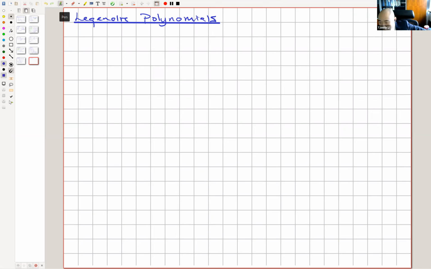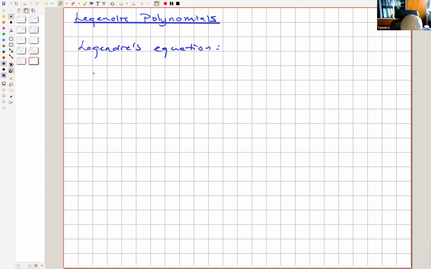Okay, so Tom is saying the following. Let's see if I can agree with this. So I'm just going to call this Legendre's equation. I don't actually know exactly whether this is the right name, but it doesn't matter. I'll put it down here.